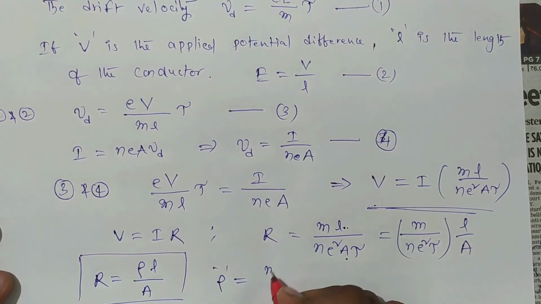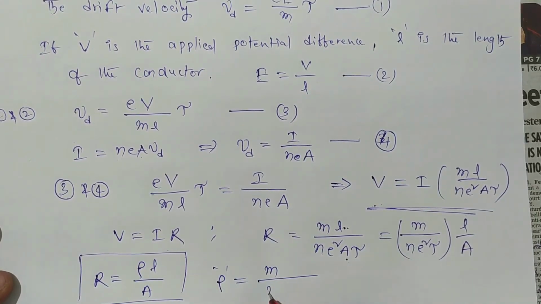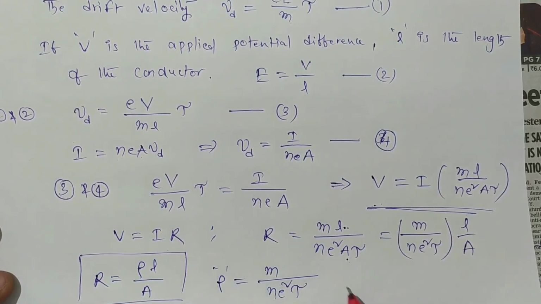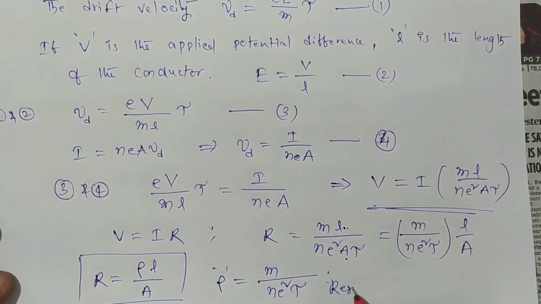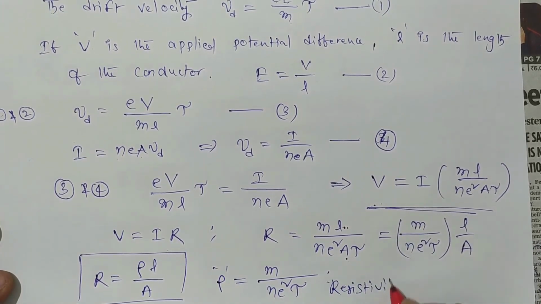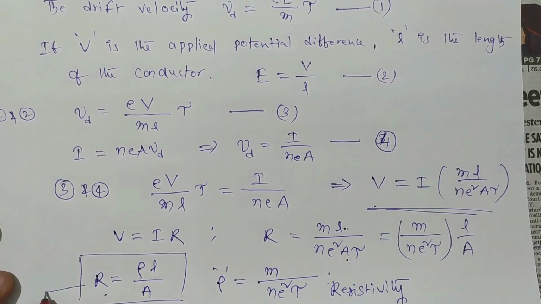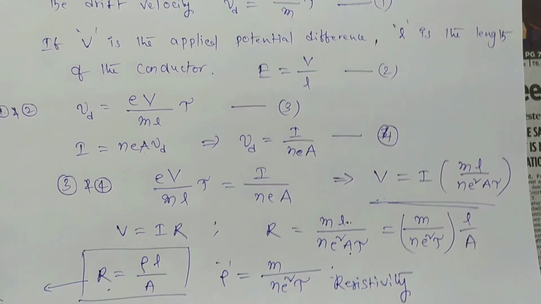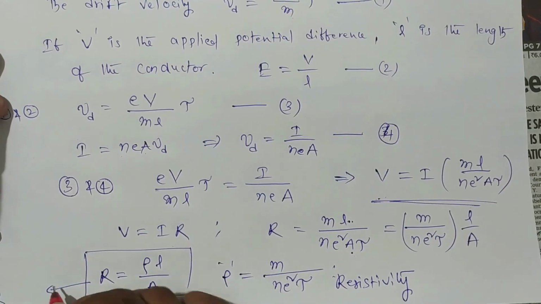This resistivity is equal to m by n e square tau. This is resistivity, and this is resistance.